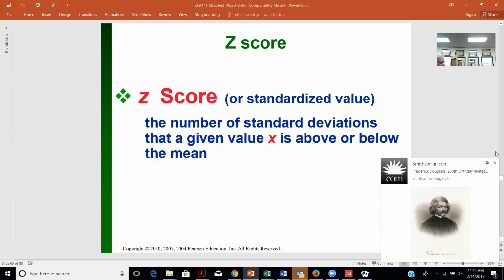So what we say is that anything outside of two standard deviations is considered outside the norm. Okay, does that make sense?